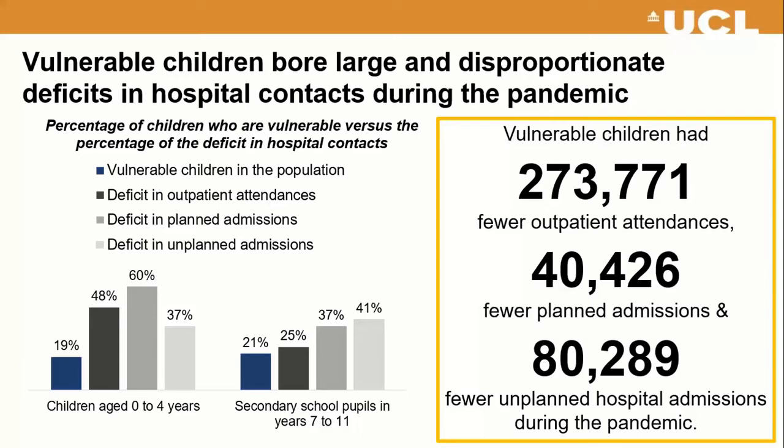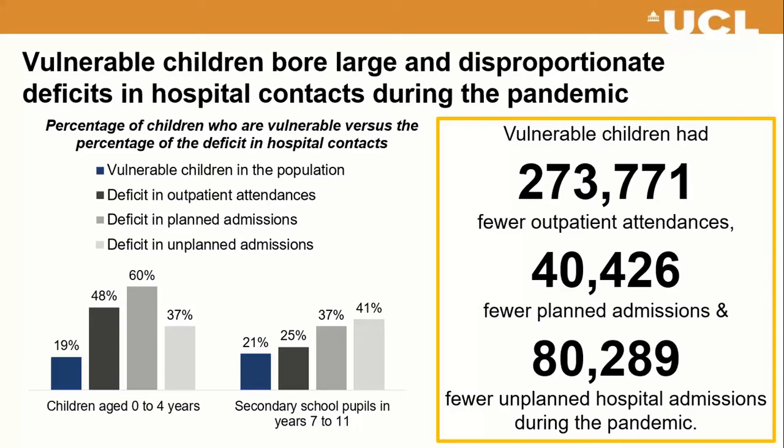What we could also see is that, as well as being extremely large, they were disproportionately being borne by these vulnerable groups. So although the children in the vulnerable groups for under 5s and for secondary school pupils made up around 1 in 5 of the population, they were bearing a much greater proportion of the deficits.